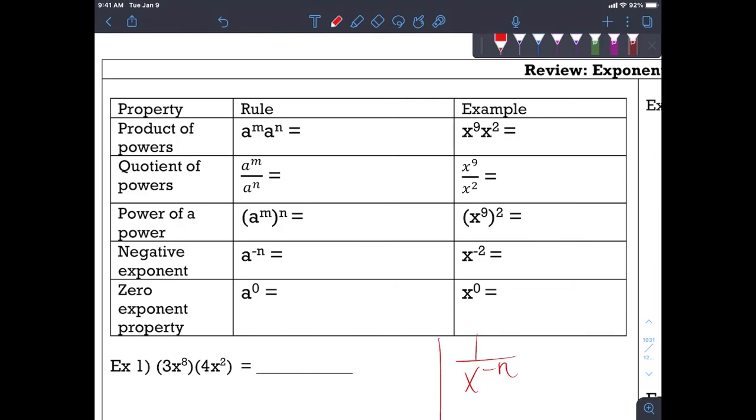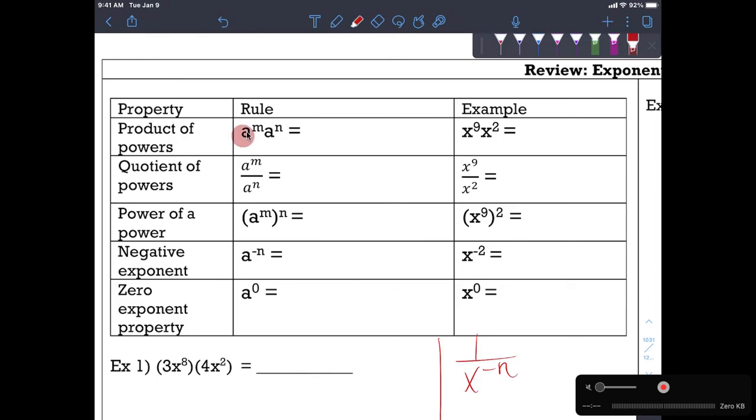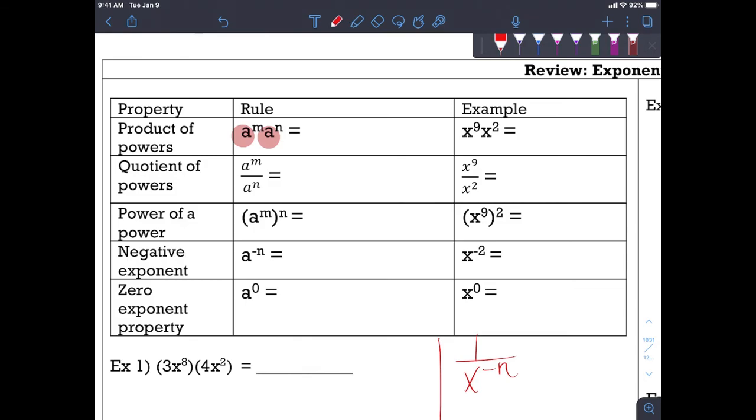So first one is the product of powers. If I have the same base and it's multiplying times itself but with a different exponent, I just add together these exponents.